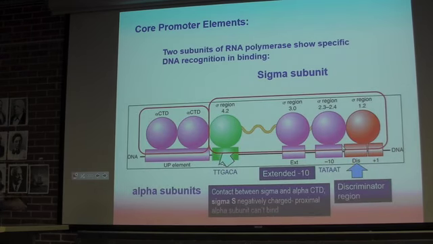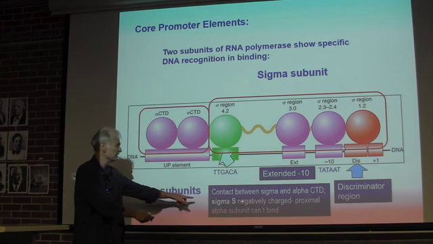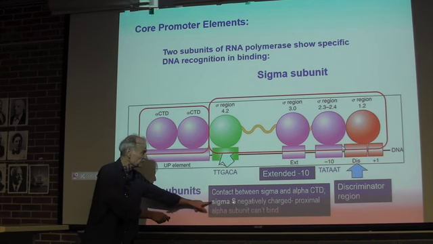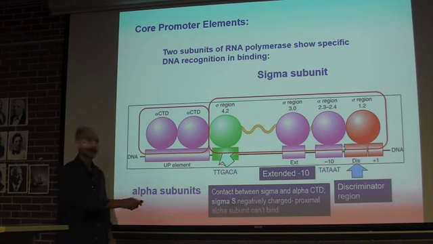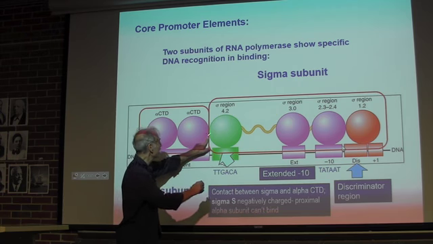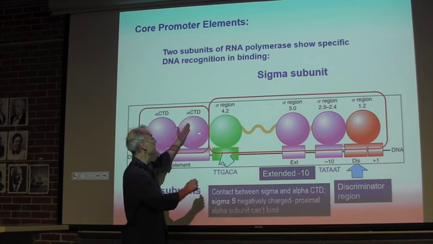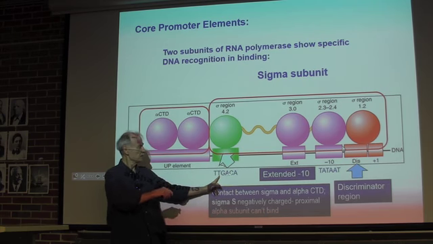And let me go back here. You notice it says contact between sigma and the alpha CTD in sigma S is negatively charged, so alpha can't bind. Sigma, the stationary phase sigma, cannot bind to the alpha, so it cannot be stabilized at the lousy promoters that don't have a very good minus 35.